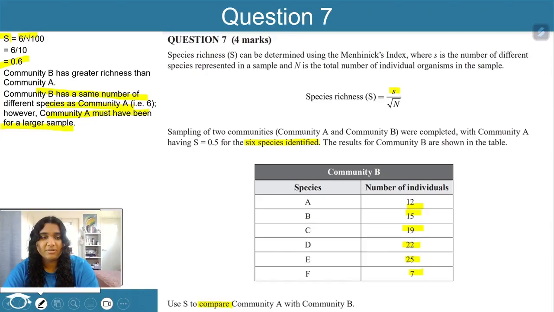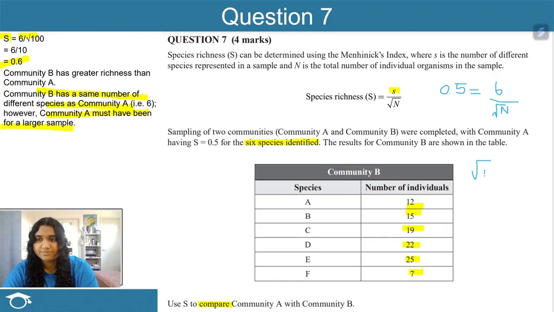And we can actually use the same formula to prove this. If we say that community A's S value is 0.5, and that was equal to the number of species in community A, which was 6, divided by the square root of capital N, I can solve for whatever N was equal to using this formula. So the square root of N then becomes 6 divided by 0.5, which is equal to 12.